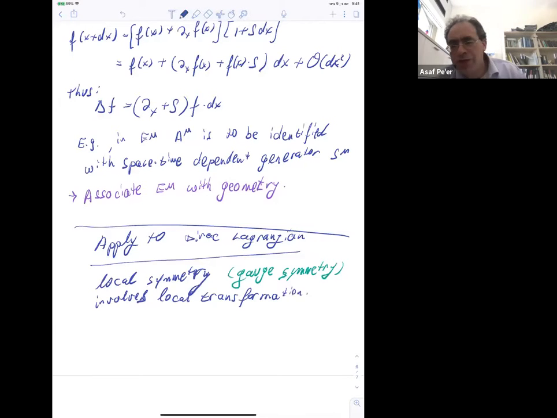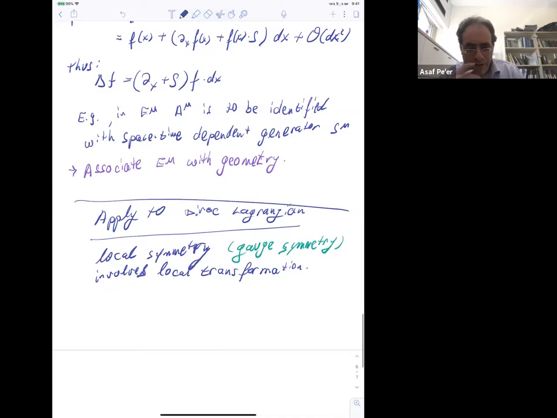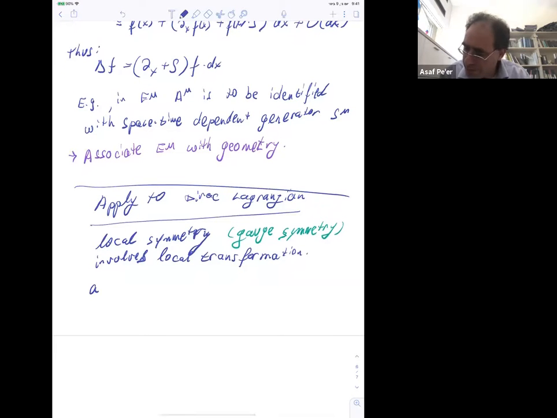That means a transformation that does depend on space and time, as we wish. We had the global U(1) transformation, so now we have a local U(1) transformation, a local phase transformation.